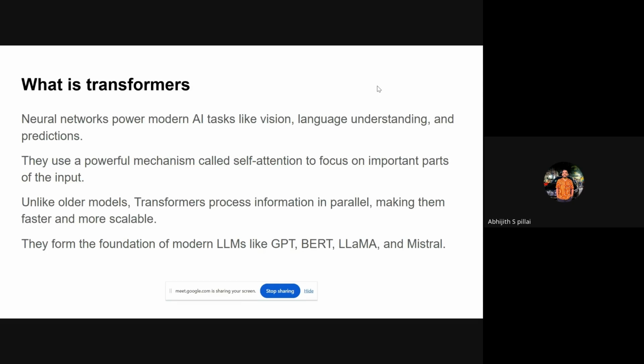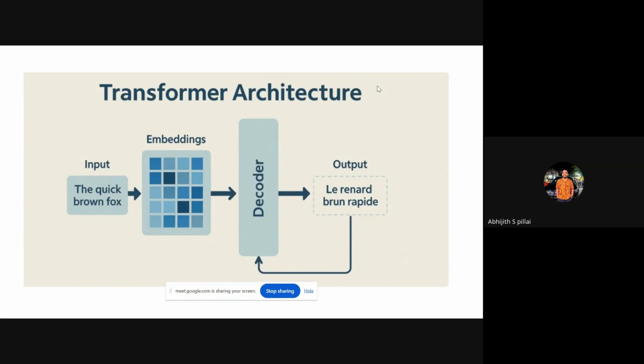The transformer is also a neural network based architecture, and it is the basic building block of an LLM. Whatever LLMs we see in today's world, like ChatGPT, BERT, Llama, and the latest ones, every LLM model is using this transformer architecture. This is a simple architecture of a transformer.